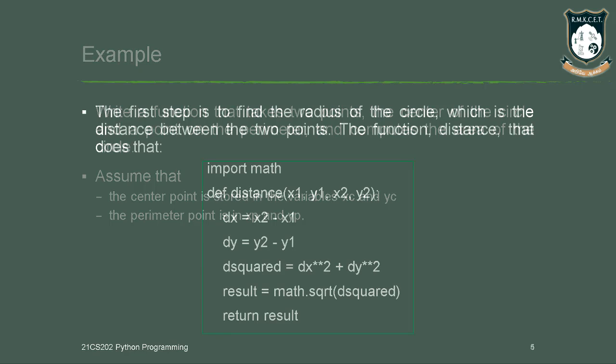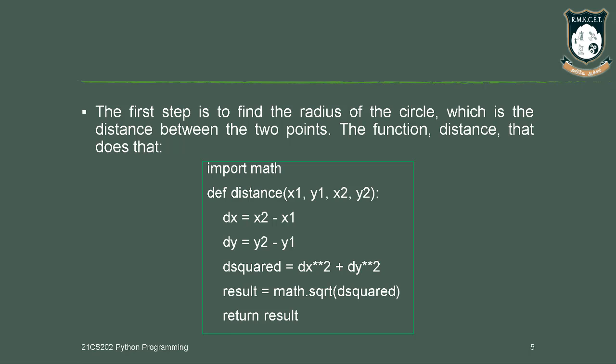The first step is to find the radius of the circle. To find the radius, we have to find the distance between 2 points. In one of the previous videos we have seen how to find the distance between 2 points.